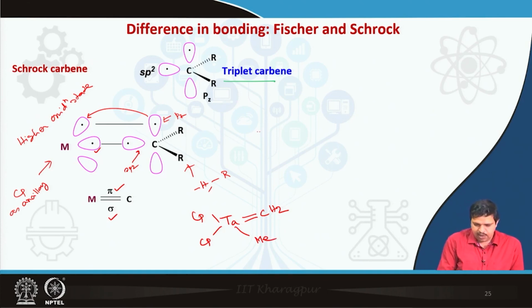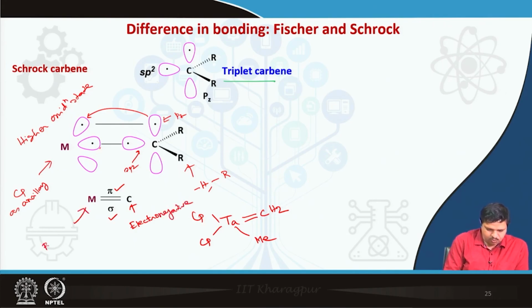In this case, the carbon is more electronegative and the metal is electropositive. Okay, so that means this is delta minus and this is delta plus.